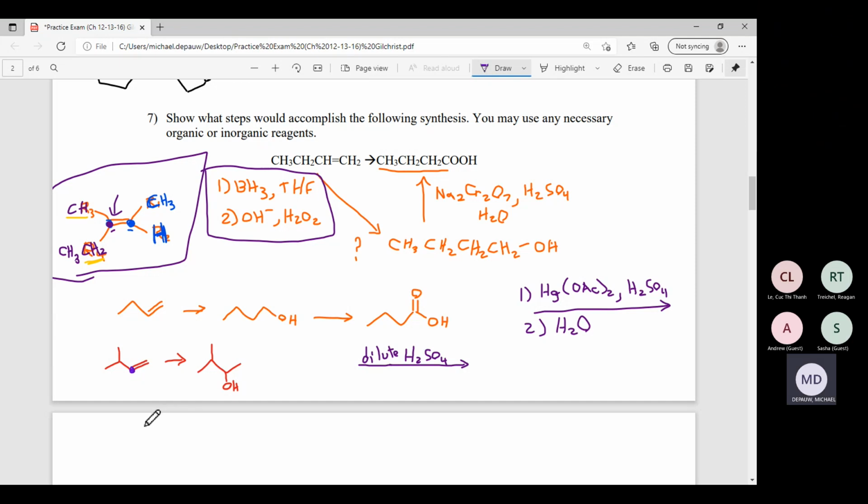I could not use acid catalyzed hydration because if I did, the carbocation would move to this position, which is going to be more stable because that's a tertiary carbon, whereas the original one is a secondary. So for this one, I would have to use oxymercuration-demercuration to get this product.